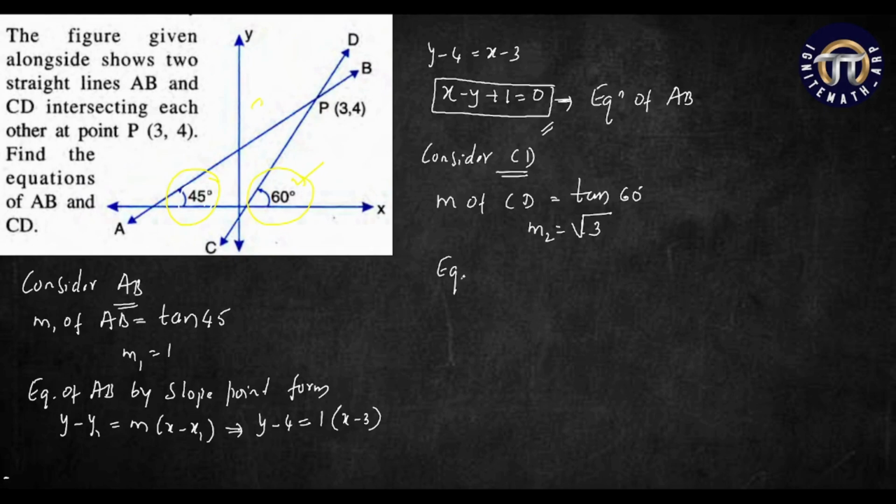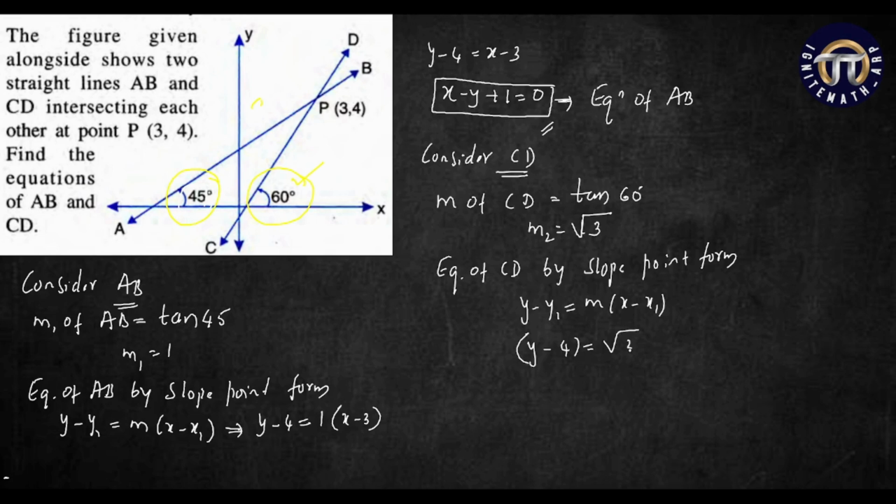Therefore, I can write the equation of CD by slope point form, y minus y1 equal to m of x minus x1. So y minus 4 is equal to root 3 times (x minus 3).